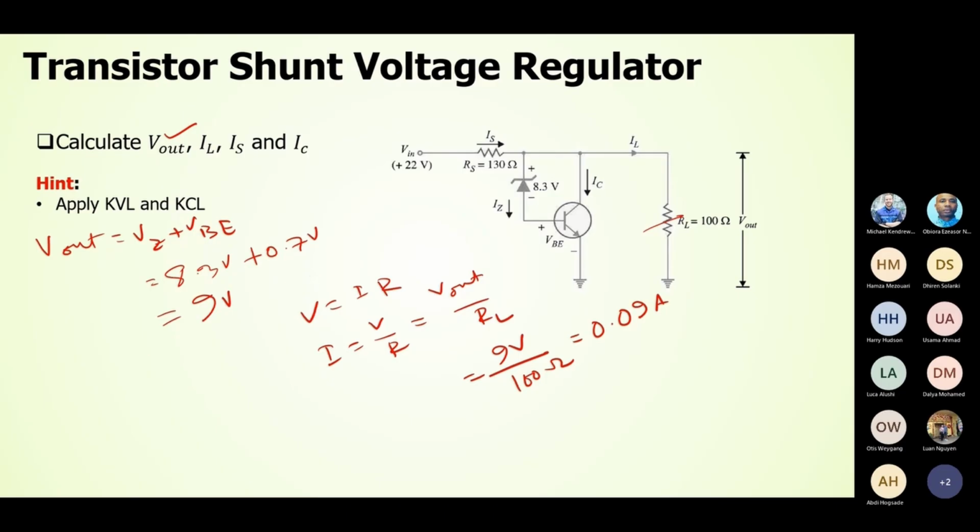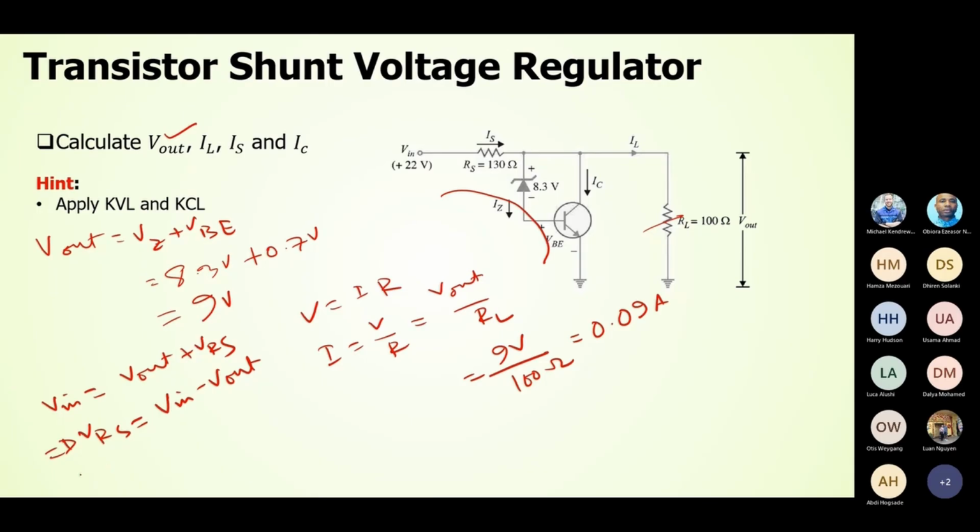Okay, now in this circuit, if I apply Kirchhoff's voltage law, what do I get? I get V in equals V out plus VRS, or VRS equals V in minus V out.